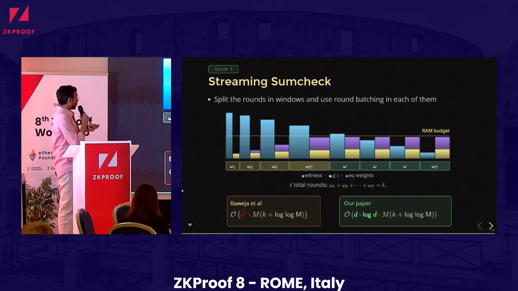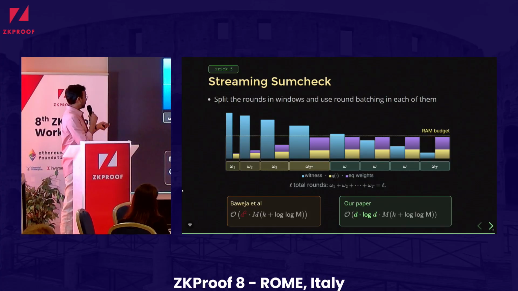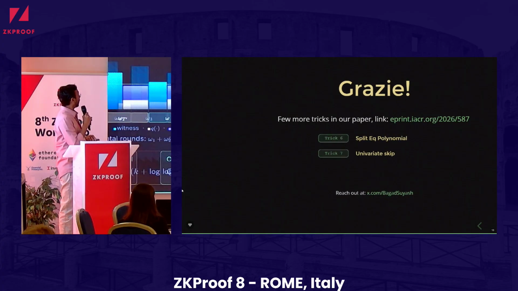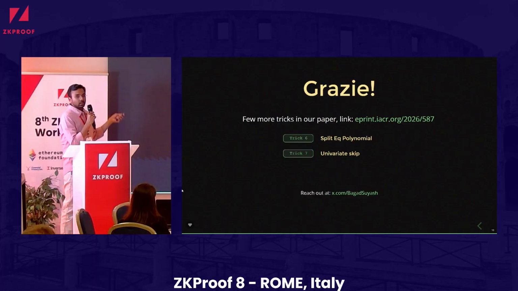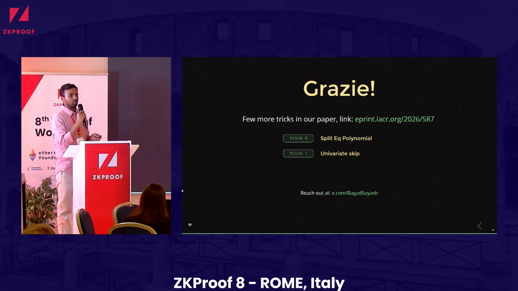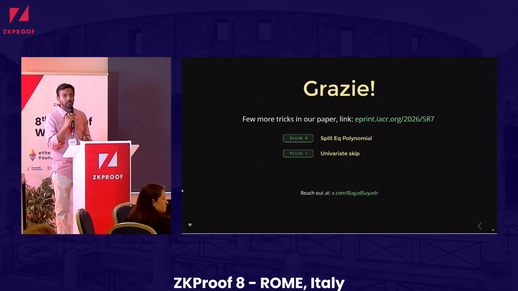And we actually improve on Anubhav's paper: if you're doing a high degree sum check, this D square term, the cost for the prover, really blows up if D is high. We bring that down to D log D. That's a small improvement over the previous talk. And there's also a couple of other techniques I've included in the slide appendix. And thank you very much for attending.